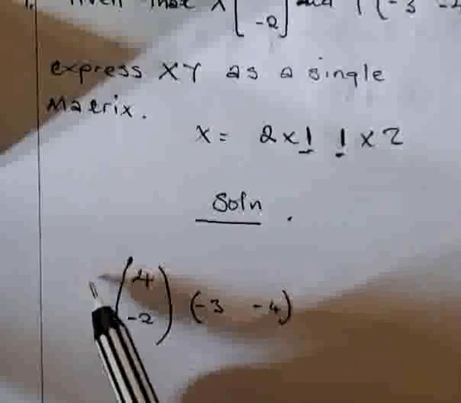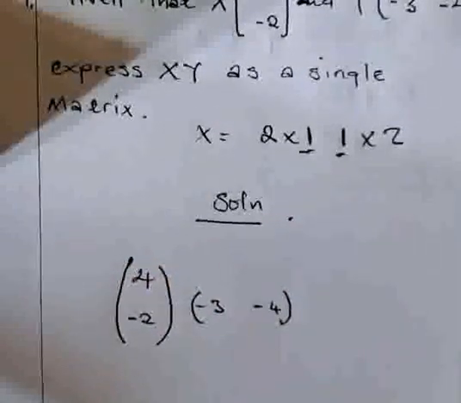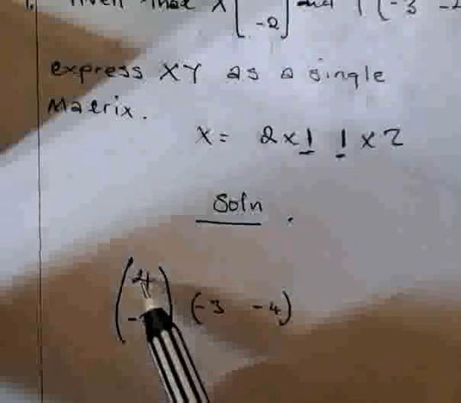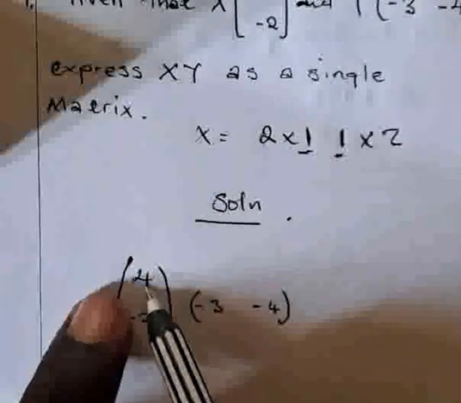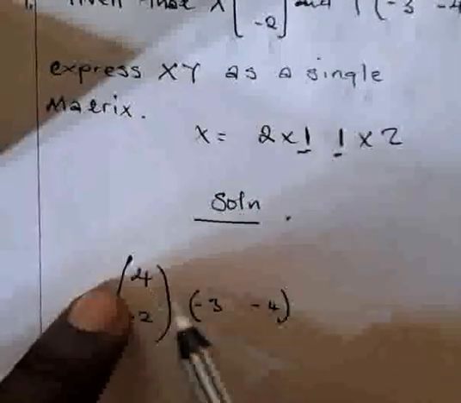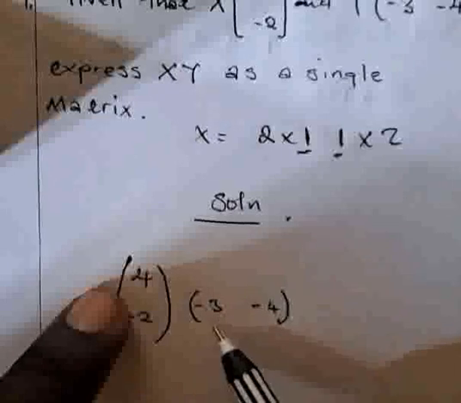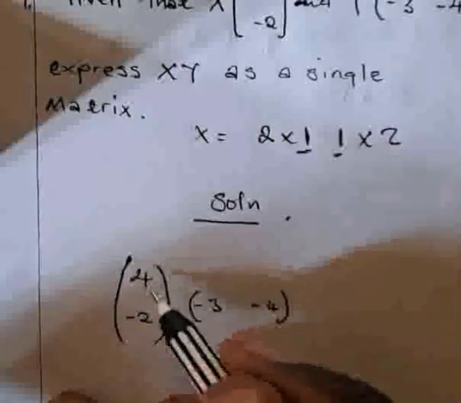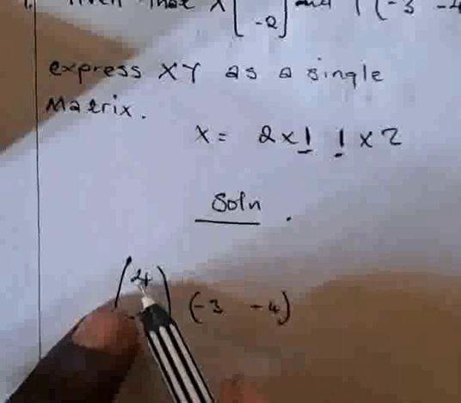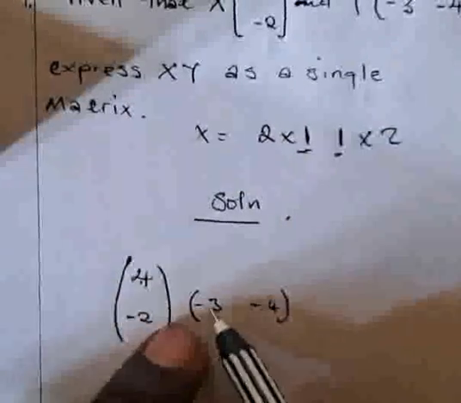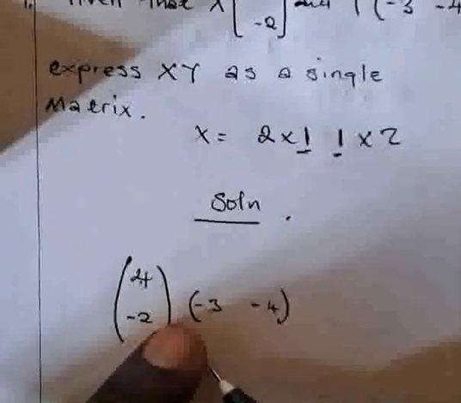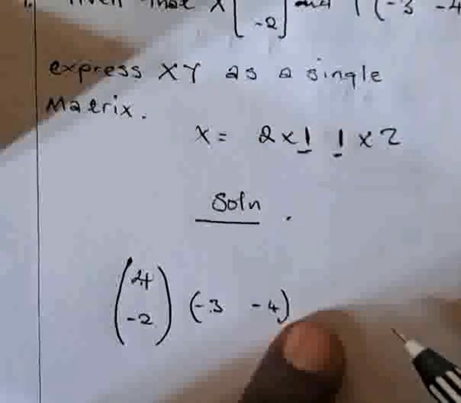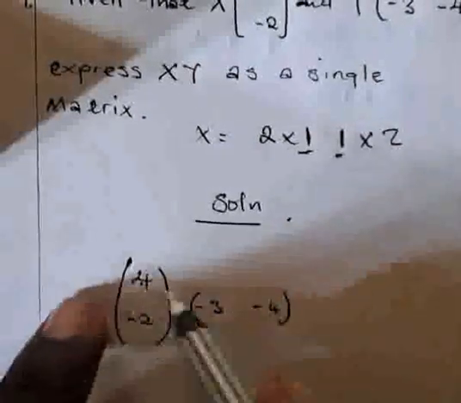Remember, it's row by column, isn't it? So the first number here in the row is what? In this row it's 4. The first number in this column is what? It's -3. So we always say first times first plus second times second, isn't it? And then we move on to the other column. So let's start with the first column and the first row.